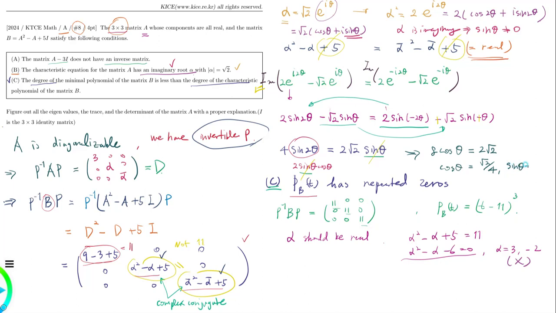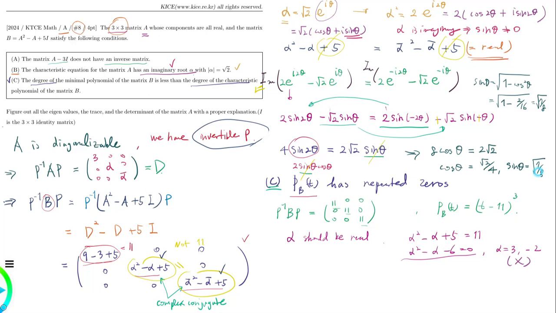And sine of theta is nothing but square root of 1 minus the square of cosine, and in this case 1 minus 2 over 16, you will get square root of 7 over 8.